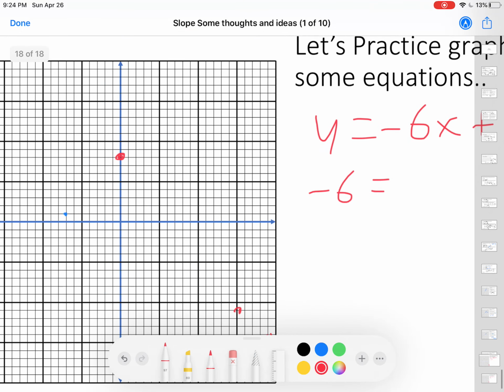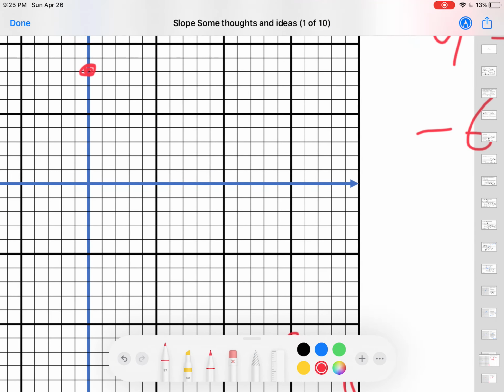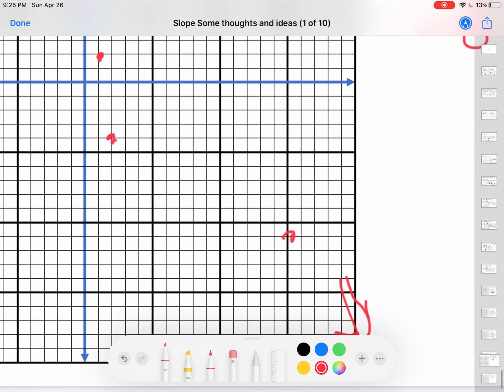Negative 6, remember that's 6 every single time. The rate of change is 6. Negative 6 in this case because it's going down. So for every 1, we go 6 down. 1, we go 6 down. 1, we go 6 down. Then we'd be off the graph.